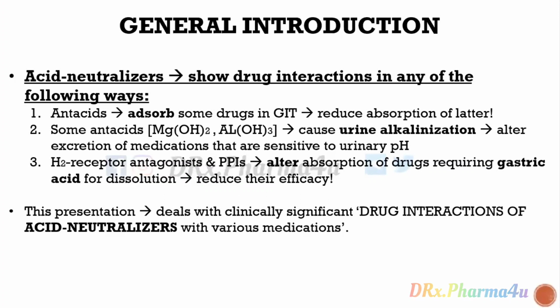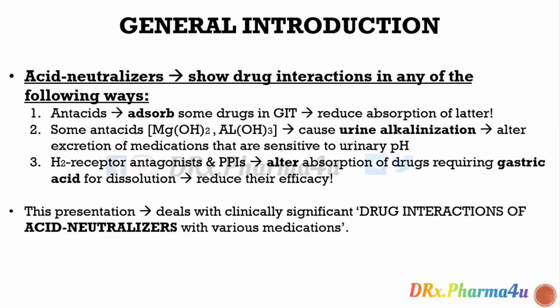So if you are giving it with an antacid or with a proton pump inhibitor, what do they do? They usually reduce the acid content by increasing the pH. Antacids usually increase the pH, and proton pump inhibitors and histamine type 2 receptor antagonists usually block the acid production.